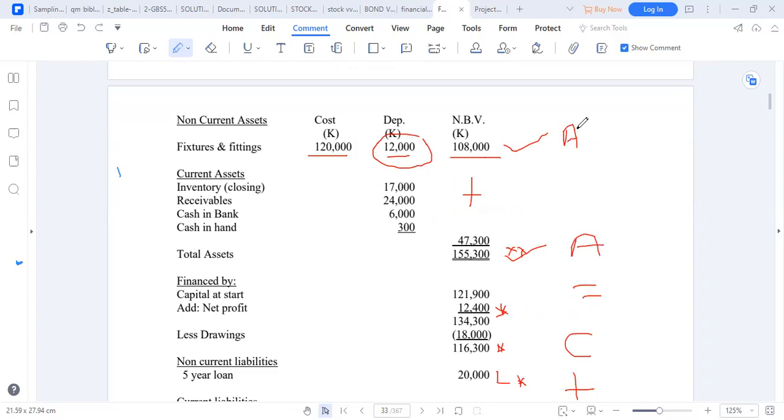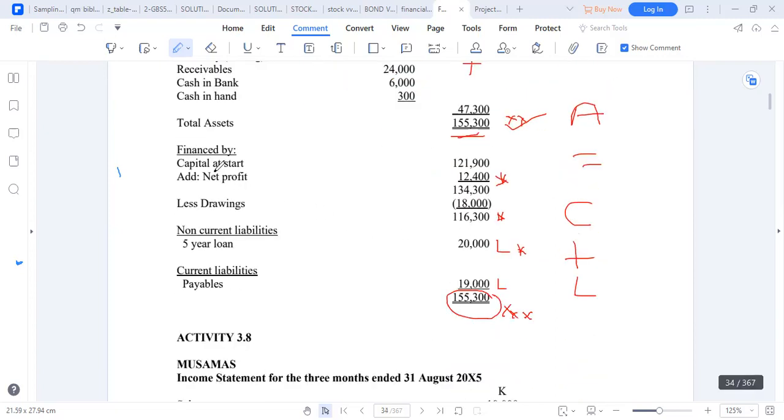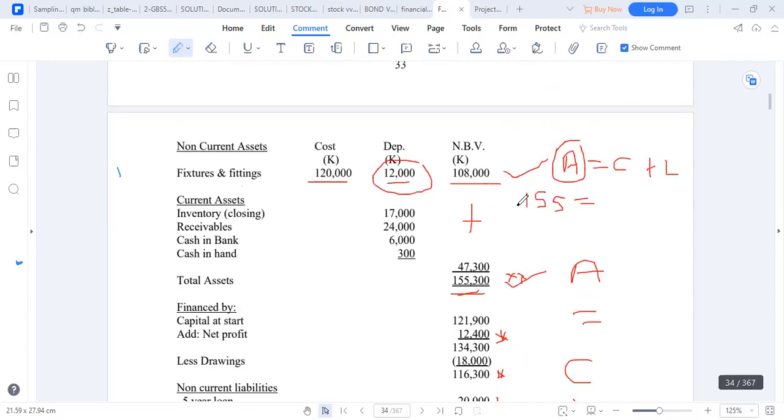The accounting equation simply says assets must be equal to capital plus liabilities. So the total value for assets is 108 plus 47, which is 155. On the asset part, we are done, 155. Then how much is our capital? Capital at start, add net profit, less drawing is 116. The liabilities, we know we have two types, the current and non-current liabilities.